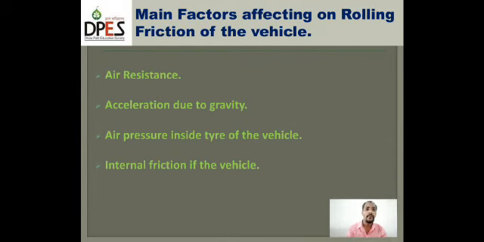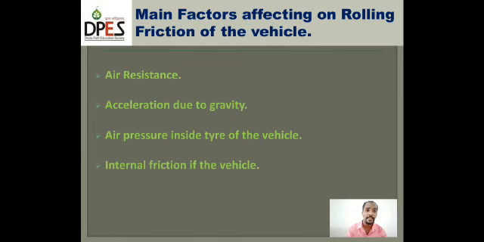Now there are different factors that act on this rolling friction. The first one is air resistance, which is negligible. Again, acceleration due to gravity. In order to minimize the effect of acceleration due to gravity, you have to take the reading from both sides of the road, then take the mean of those two readings and proceed further. Then the air pressure inside the tire of the vehicle.